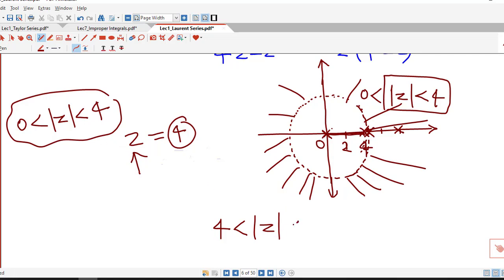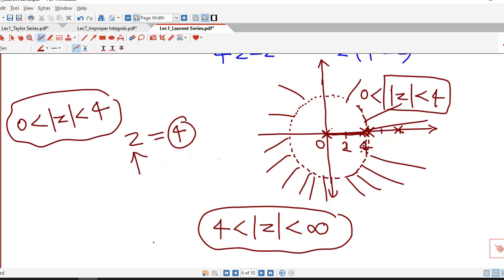So if we consider this outer portion of the circle mod z equal to 4, the function is analytic at every point in this domain, 4 less than absolute value of z less than infinity.